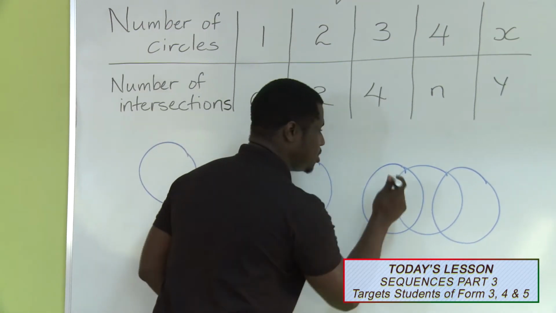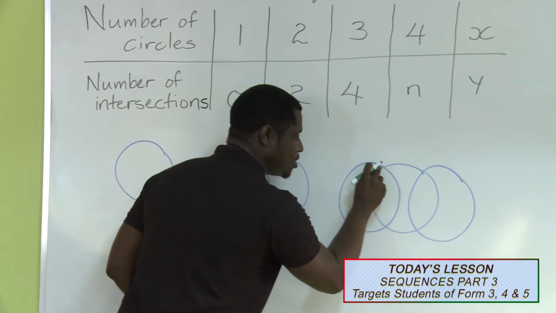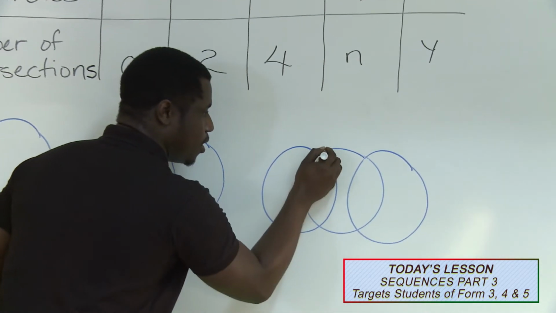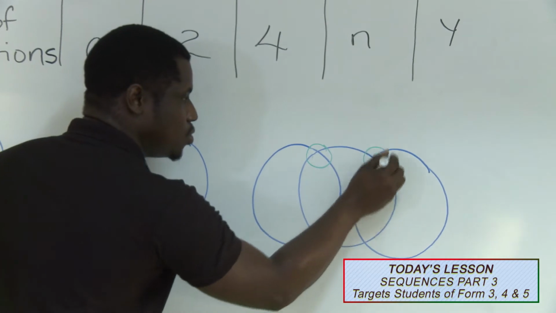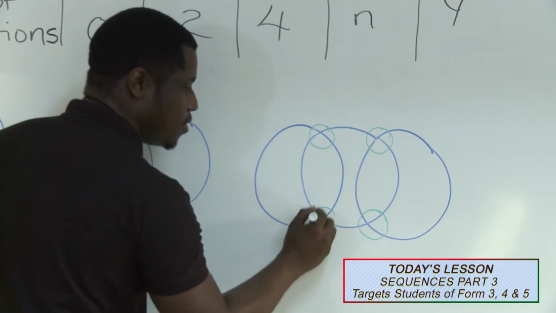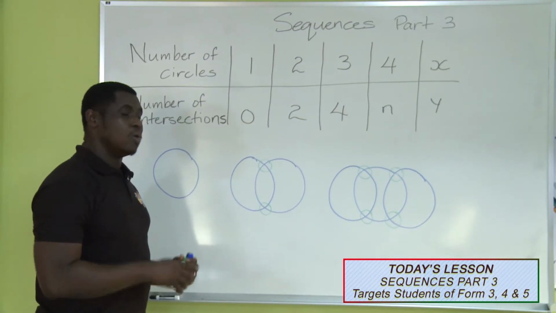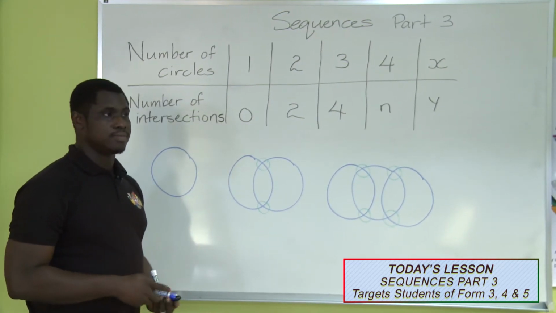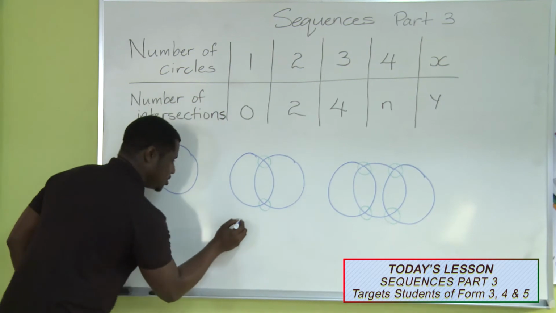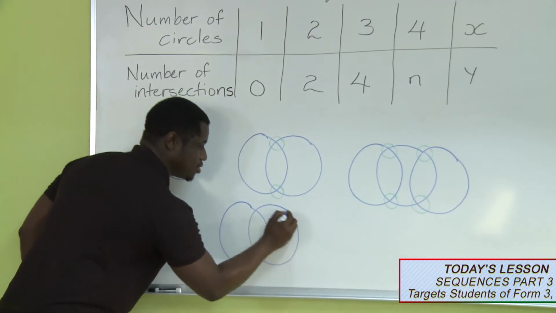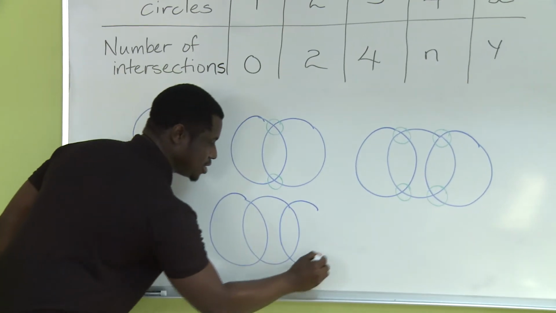And if you look closely, just erasing the little glitches to avoid confusion, there are 1, 2, 3, 4 points of intersection.